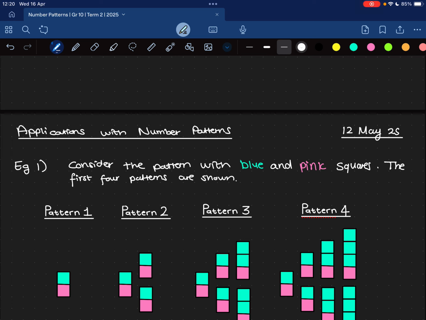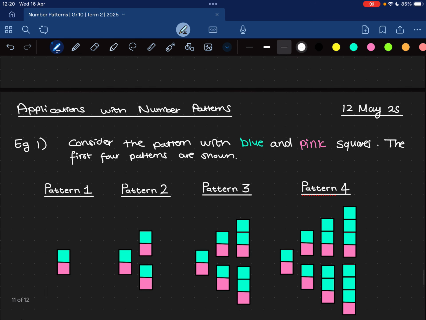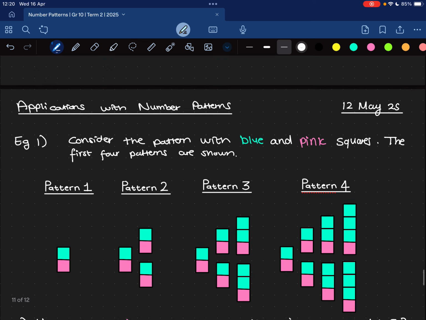That would be objects that form patterns, or a different way of looking at number patterns, maybe some number patterns that are not considered linear, and so on. That's why they are the level 3, level 4, the more difficult questions.